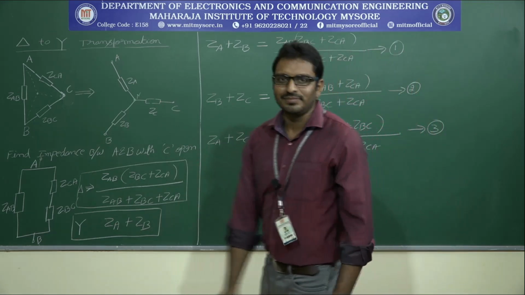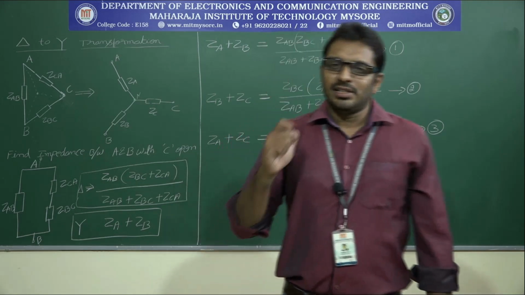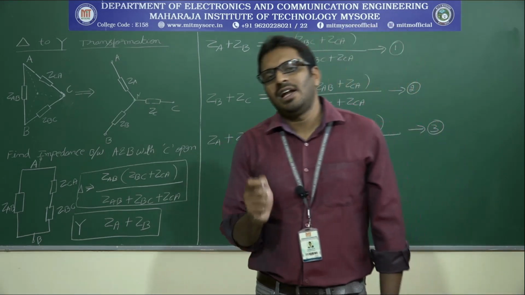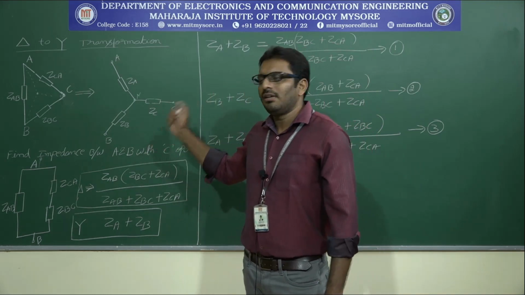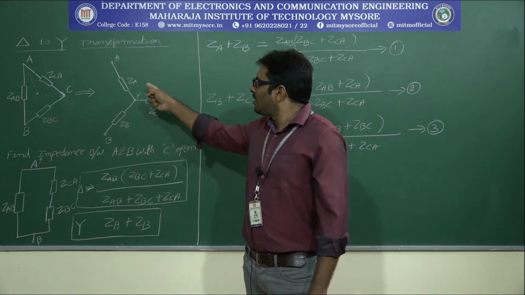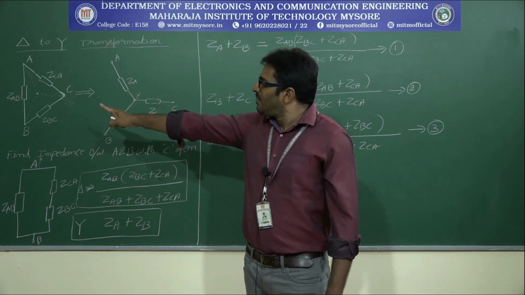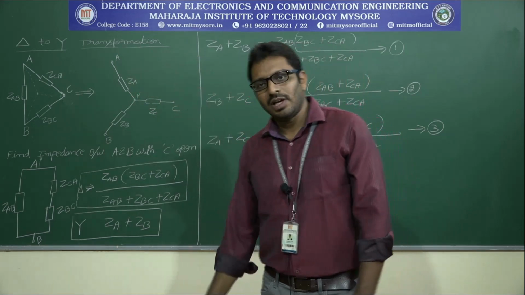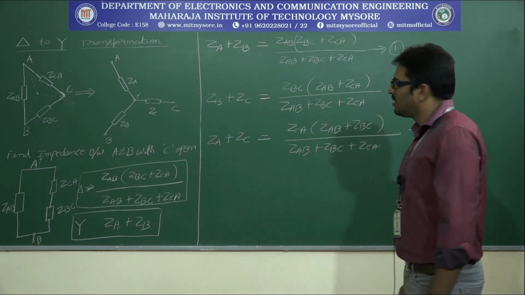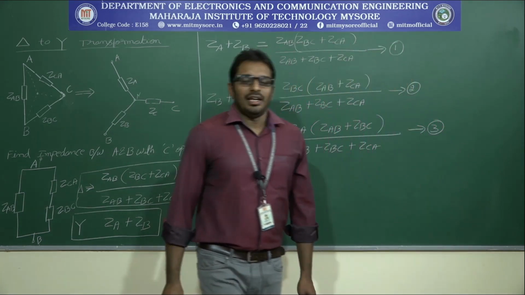Is that clear? What are we doing? We are just going to find the equivalent impedances in star connection, I mean ZA, ZB, ZC, for the given ZAB, ZBC, ZCA connected in delta. Right now we have three equations: equation 1, equation 2, equation 3.